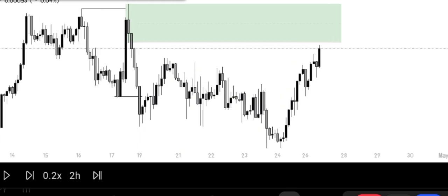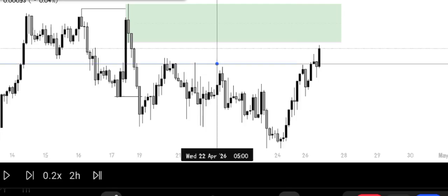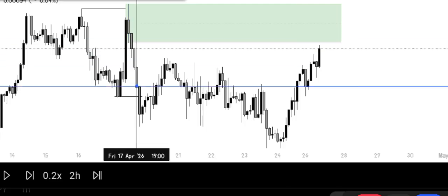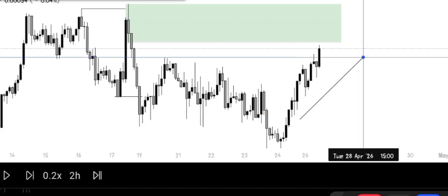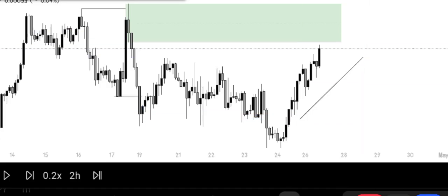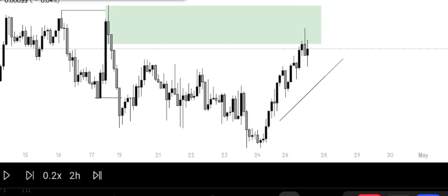Another confluence I'm also seeing is that it has the same identical candle coming to the downside. So price has now found its way to the upside, mitigating the order block. So we are going to look for our trading opportunities.